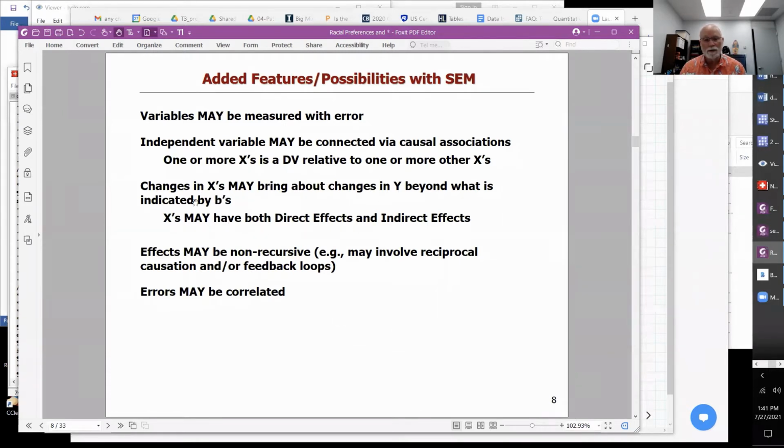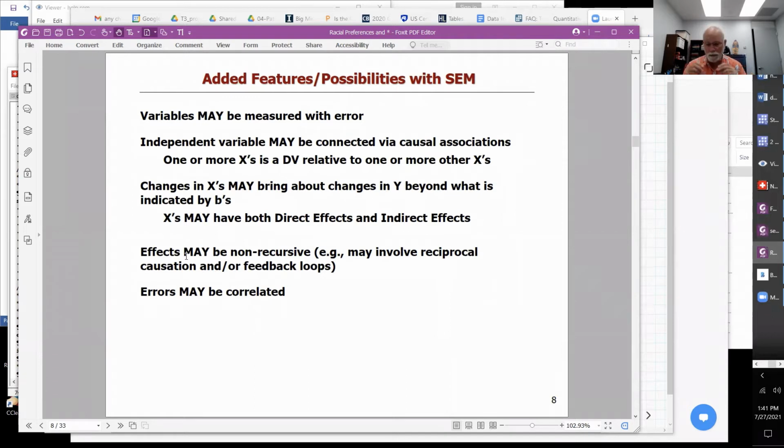And in particular, we think about X's as having implications for Y that go beyond the B in a regression equation. It may include direct and indirect effects, and together they will define total effects. And that may be of interest. We may be particularly interested in a direct effect.